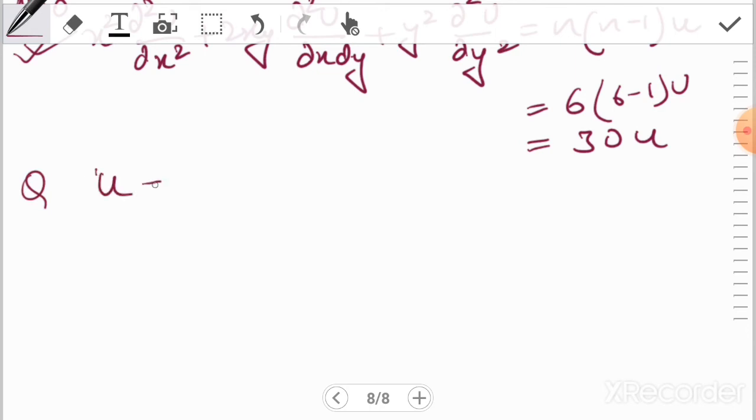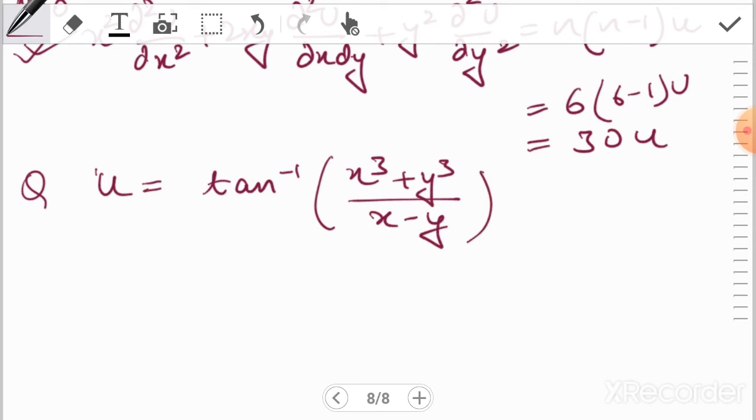So u is equal to tan inverse of x cube plus y cube by x minus y.